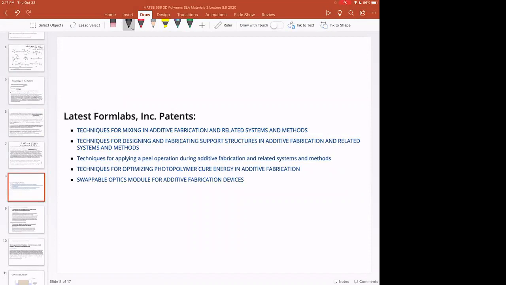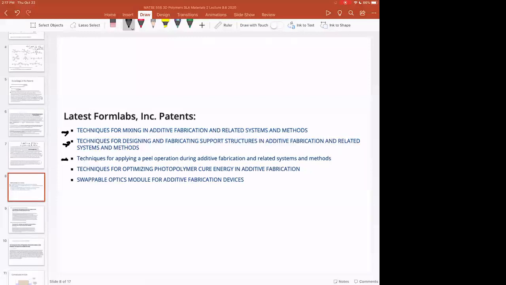And so you can see for latest Formlabs patents, techniques for mixing, techniques for designing and fabricating support structures, because Formlabs has their own build software that puts in supports, and we don't talk a lot about supports in this class, but that's in other AMD course sequences.